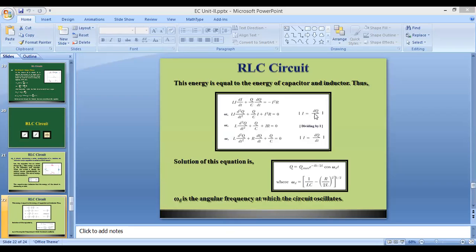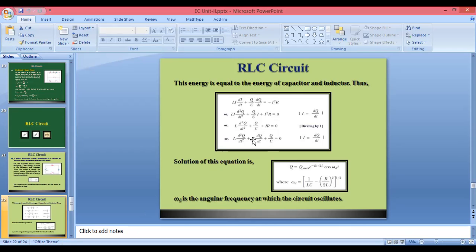We know I is the rate of change of flow of charge with respect to time, so I equals dq by dt. Again I am rearranging the equation and writing it in this form. In di, I replaced I with dq by dt, so the derivative becomes a double derivative, because instead of current you are writing it in the form of charge. So you will get the double derivative.